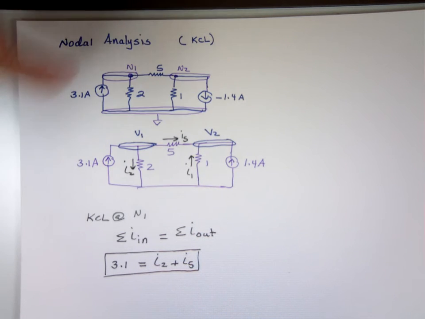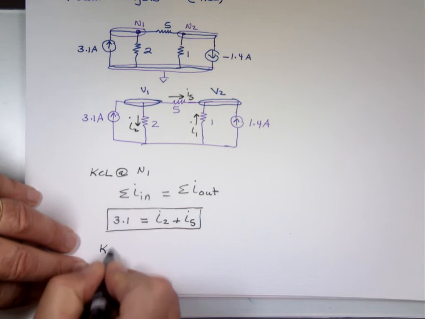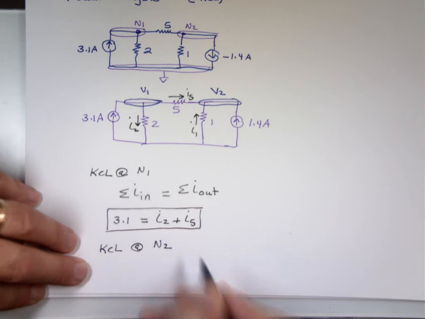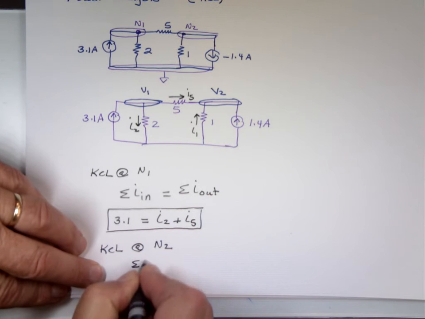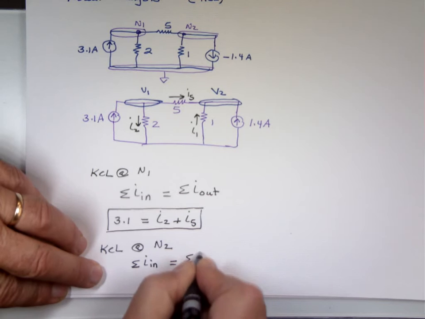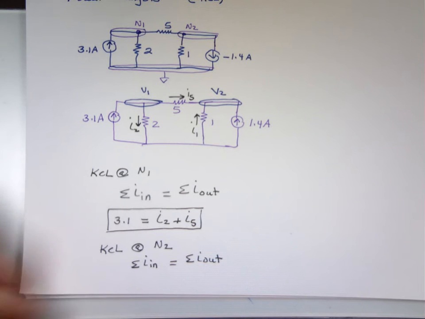Okay, let's try the other one. Maybe the other one will help us. KCL at node 2. Again, the current going in equals the current coming out. What is going to that node?